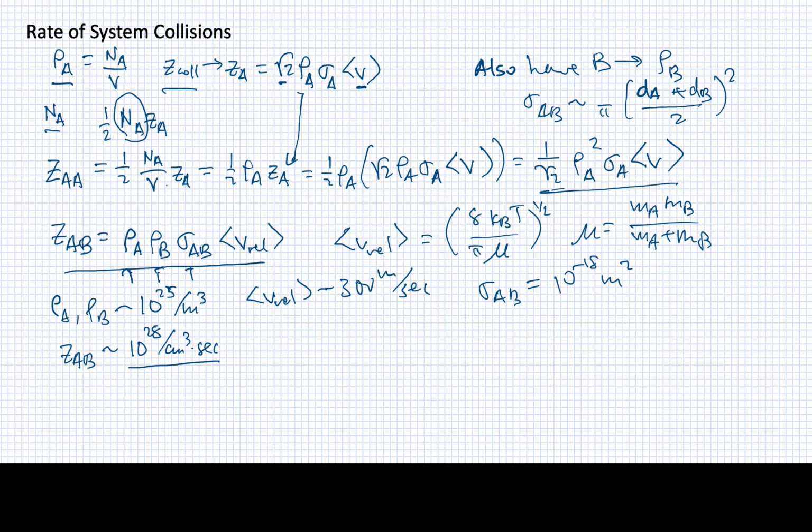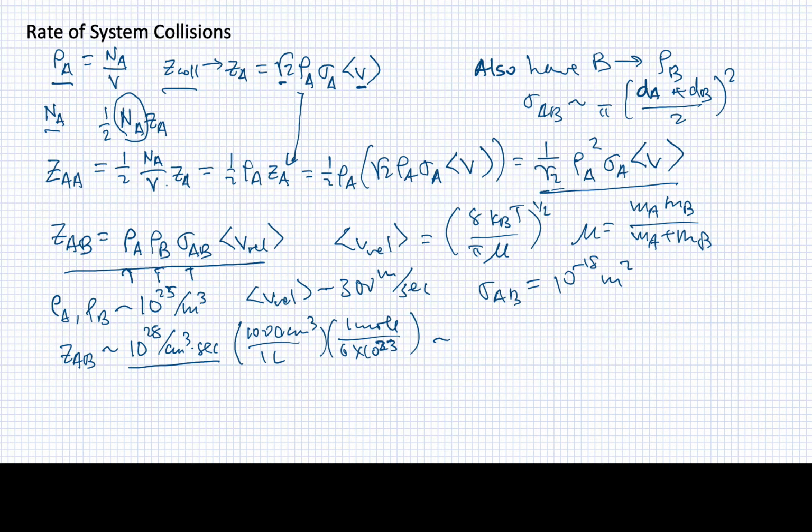Now, we're not used to thinking in terms of number densities, and so what we may want to do is convert this into quantities like moles instead of numbers of molecules and liters instead of centimeters cubed. So if we do that, what we'll end up with is multiplying this by 1,000 centimeters cubed per 1 liter and multiplying it by 1 mole over 6 times 10 to the 23rd down here.